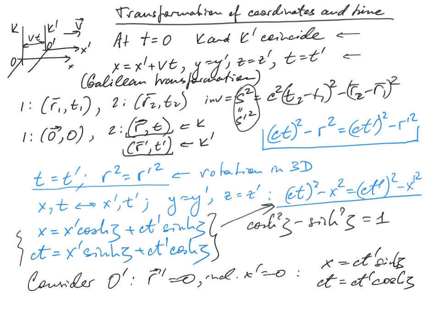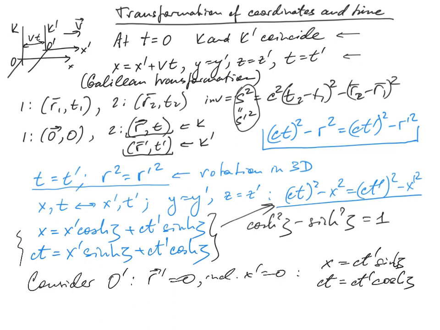So x and t here are the coordinates and time of the observation of the origin of k prime in the reference frame k.